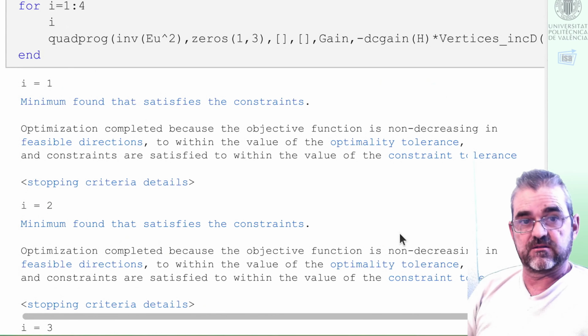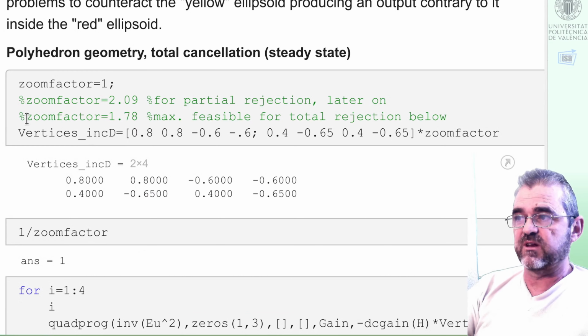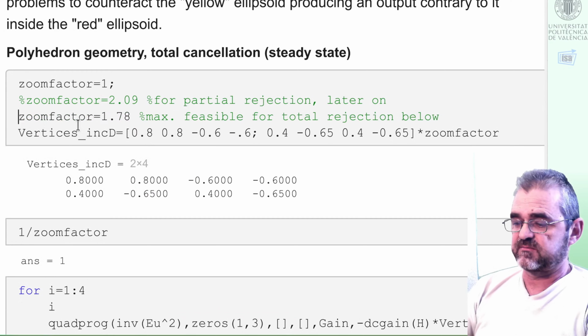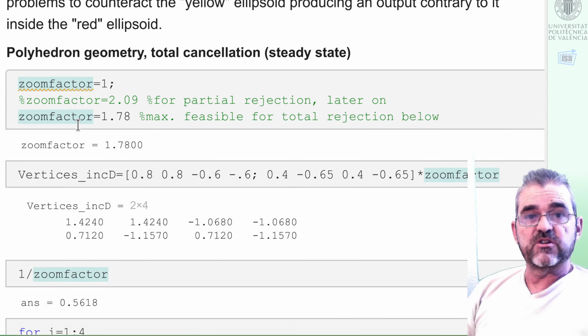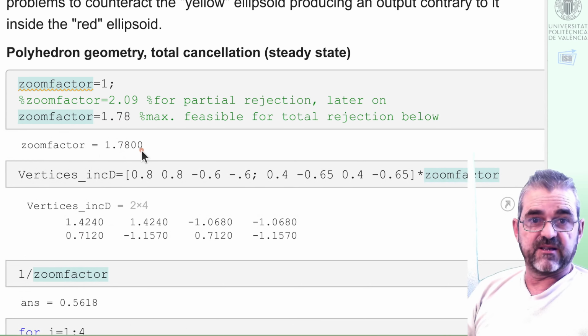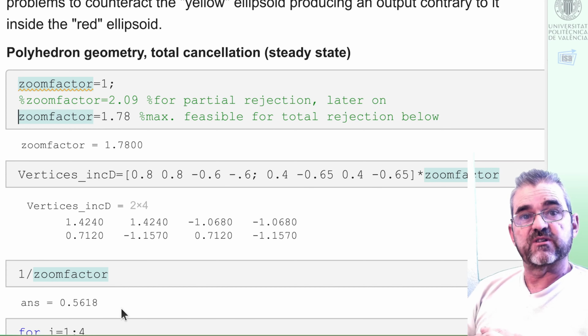Then what is the equivalent of the SVD maximum gain in polyhedra? Well, we can check that if we multiply our disturbance size by 1.78, or it would be the same as multiplying our input size by 0.56, then we get this zoom factor giving us the same information as the maximum gain in the SVD.